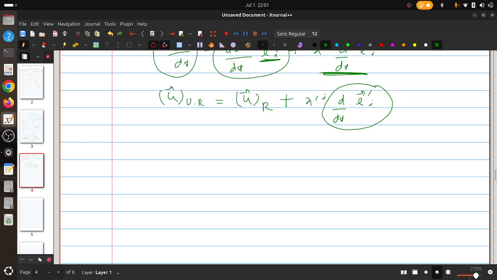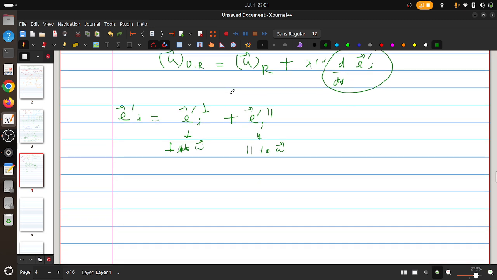So I can write e prime i is equal to e prime perpendicular plus e prime parallel. This is perpendicular to the omega vector, and this is parallel to the omega vector. Okay. We have this choice of splitting.